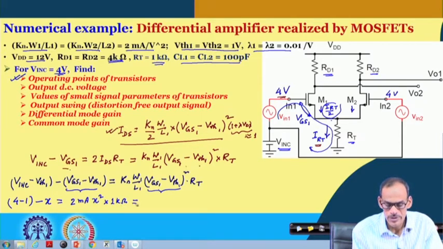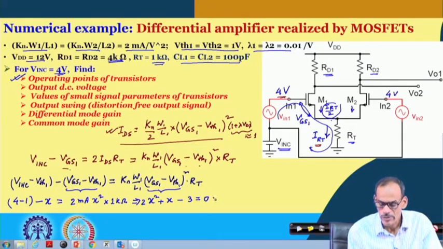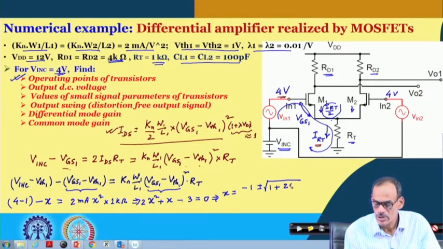So, that gives us 2x square plus x minus 3 equals 0, and from that you can get x equals minus 1 plus minus square root of 1 minus 4 into minus, it gets plus, 3 into 4 into 2. So, that is giving us 24 divided by 2a.